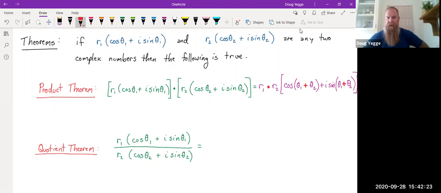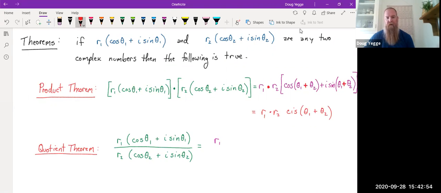And another way to write that in cis form is just to realize that I take the product of the two radii times cis of the sum of my two angles. And that's the product rule. As for the quotient rule, we're going to basically be doing something very similar. We're going to be taking the quotient of the two radii, so R1 divided by R2.